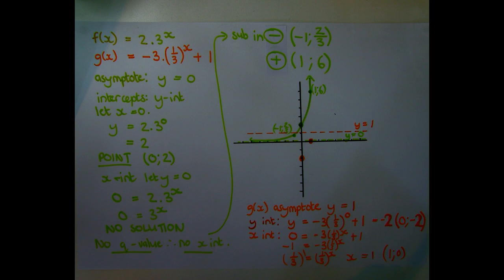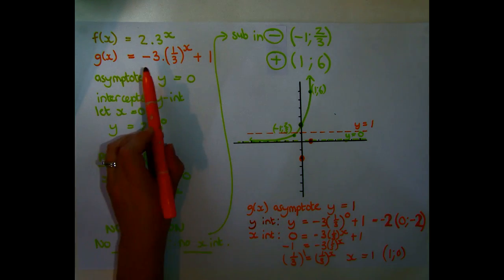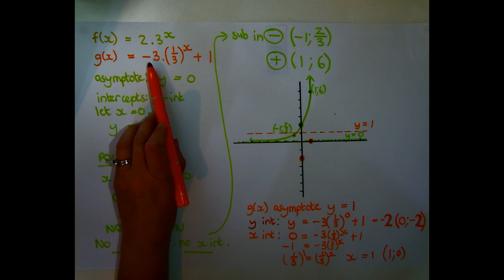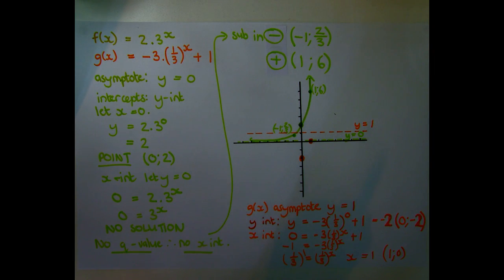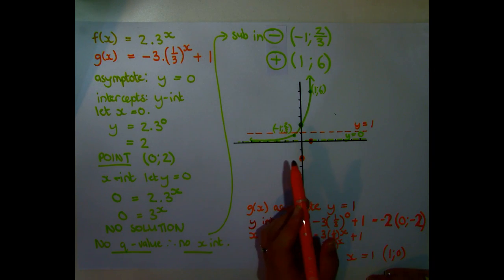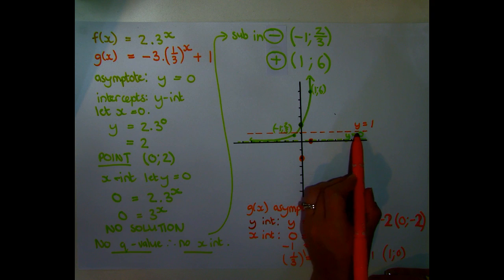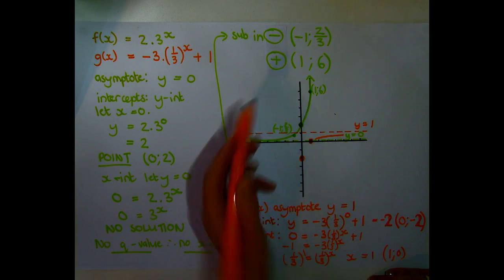Well, I know that the a value tells me. The a value is negative. Because the a value is negative, I know that I'm going to have a graph that points downwards. So the only way I can get one that points downwards and that inches towards this asymptote is if I have one that scales more or less like this.